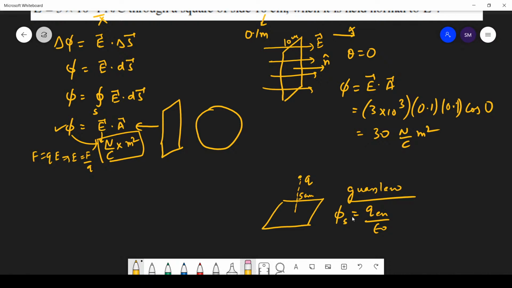In the question you have either charge or electric field. When it is charge, then this is the charge enclosed, so you need to enclose this charge. In which symmetrical surface can we enclose it? That is a cube. We can enclose the charge in a cube only.